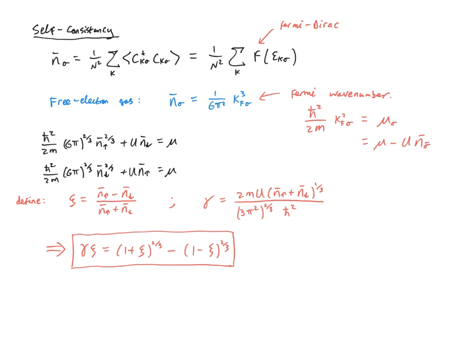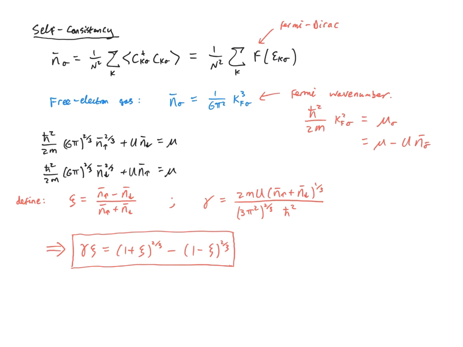We might expect that as gamma increases due to increasing interaction strength, we'll be able to get a polarized state, because of course it's the interactions that are driving the ferromagnetism in this system. And that's exactly what we find in the exact solution of this equation.